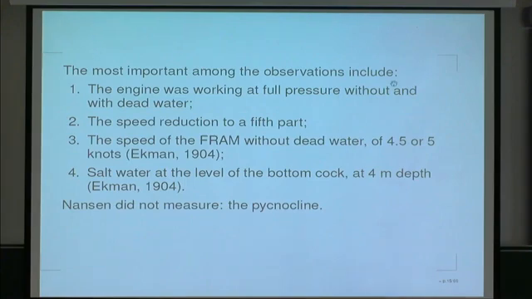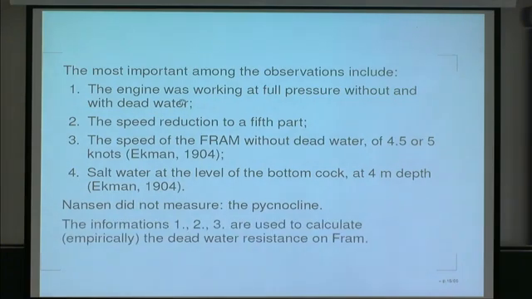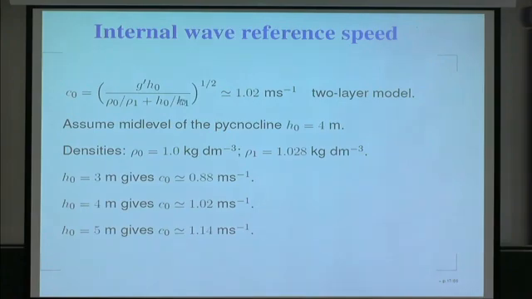There is a very important piece of information here. The engine was working at full pressure without and with the dead water. So actually with information 1, 2 and 3 we can calculate the dead water resistance on Fram. So we need to define the internal wave reference speed. I'm using a 2-layer model. In other papers we can do the same thing with a 3-layer model.